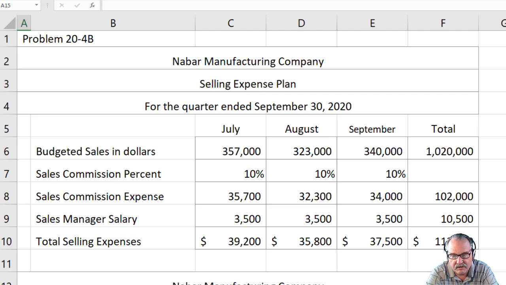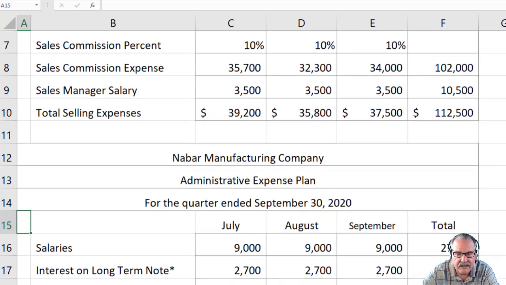Our salespeople get a 10% commission on everything they sell. So for July, the sales commission would be $35,700. We also have a sales manager that gets $3,500 a month. So the total selling expenses for July are $39,200, which is a total of $112,500 for the 3 months.